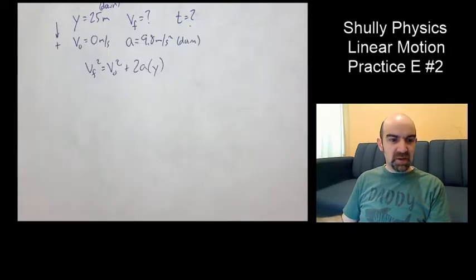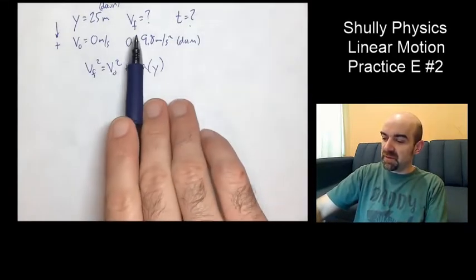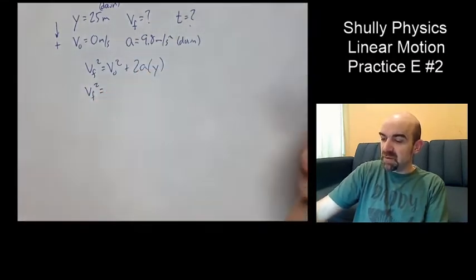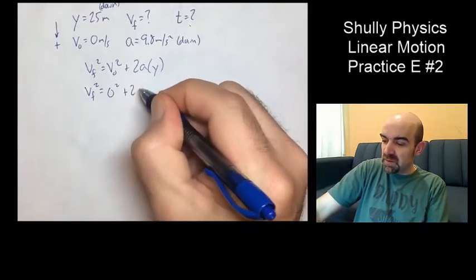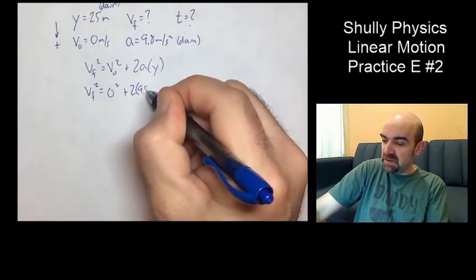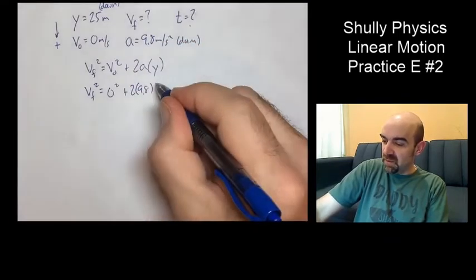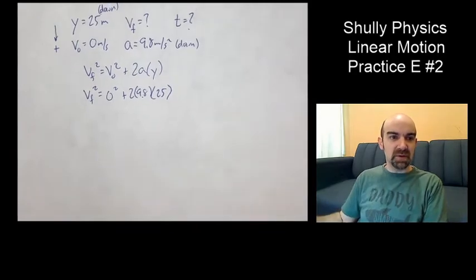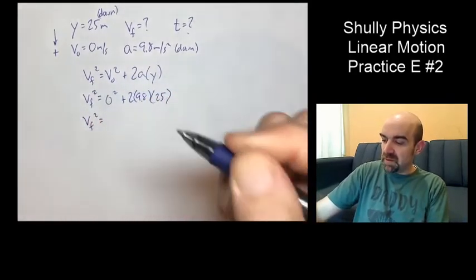Okay, so got the equation written down here. We're looking for the final velocity. So Vf squared equals the initial velocity squared plus 2 times acceleration times the y, and the y distance is 25 meters. All right, there it is. So let's do a little calculating here.